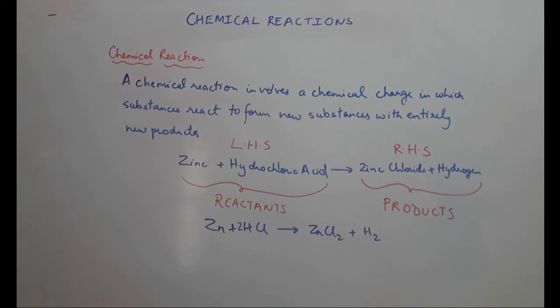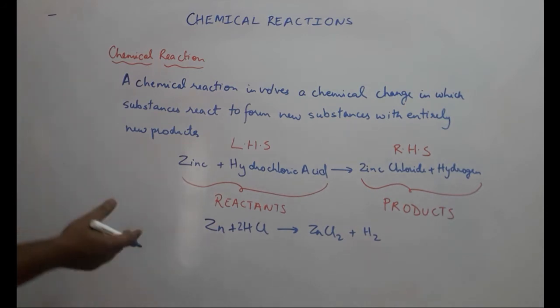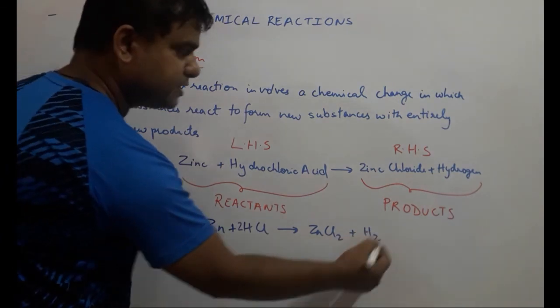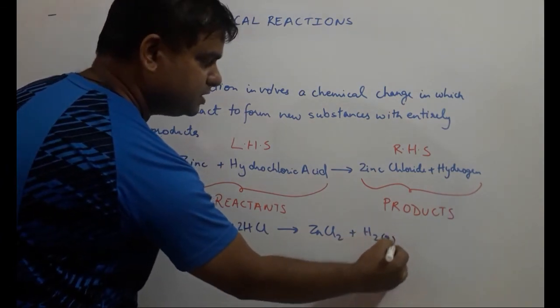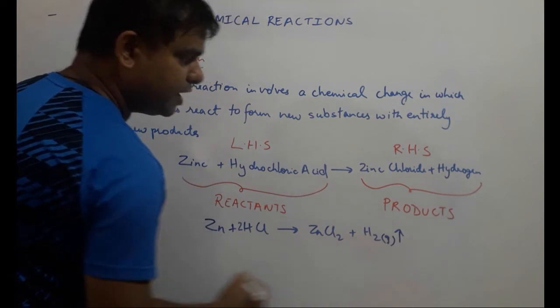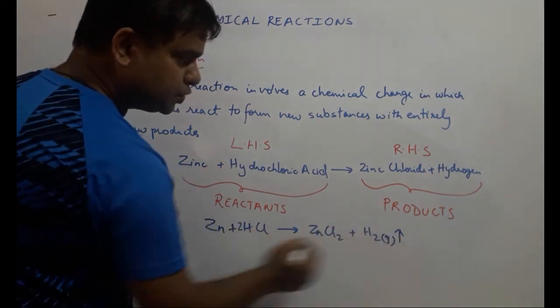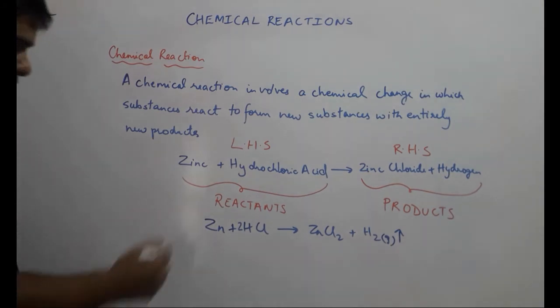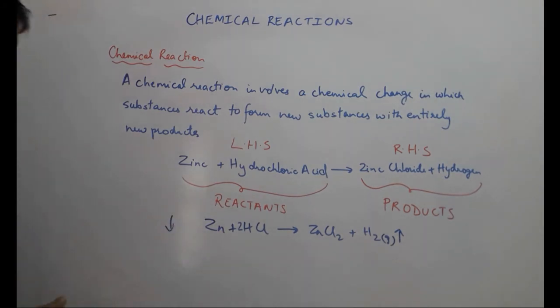Okay, now in a chemical reaction you may notice certain other things, for example hydrogen is a gas, so it may be marked as G with an arrow upwards. If the arrow shows upwards, that means it is given out as a gas. If the arrow is downwards, that means it will be a precipitate. We'll learn what precipitates are in this chapter further on.